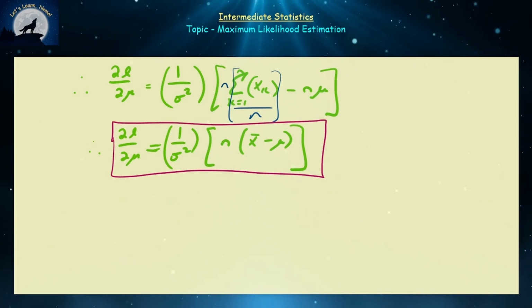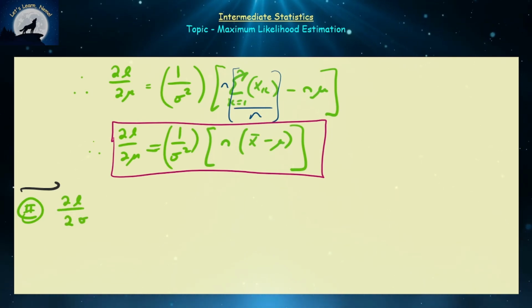Now, before we set it equal to 0 and solve for mu, I first want to get the partial derivative with respect to sigma also, so that we can solve them simultaneously. So partial L partial sigma, and you might want to pause this video to see if you can get this expression too.